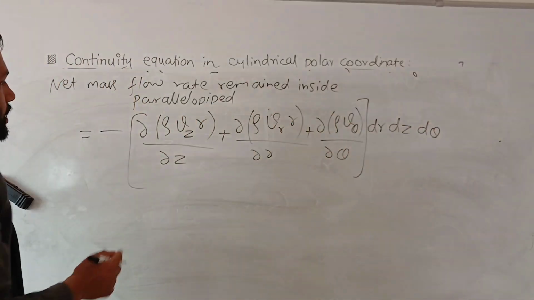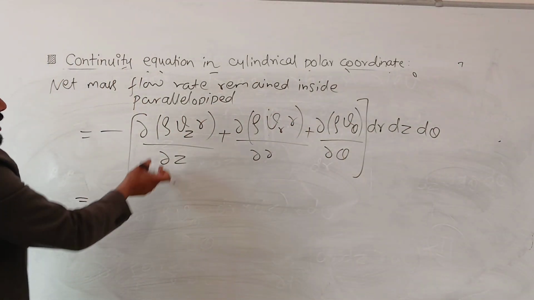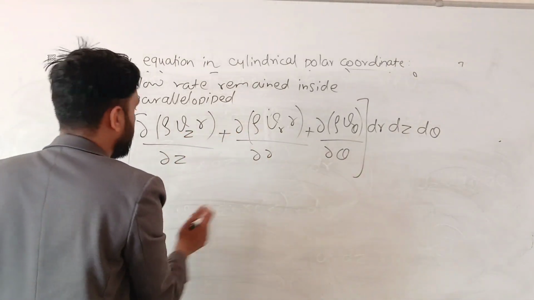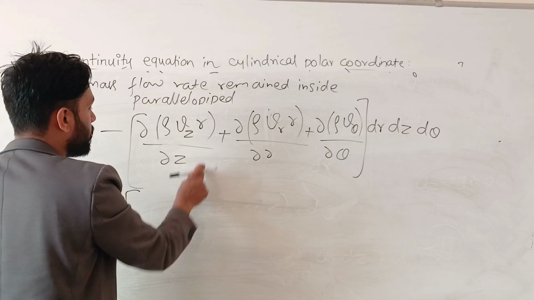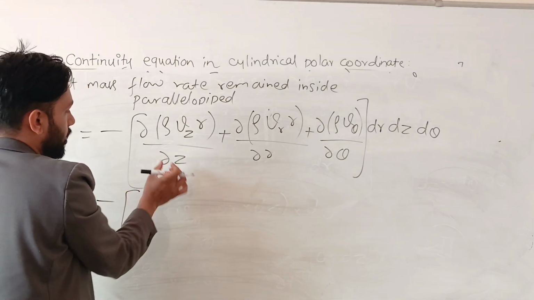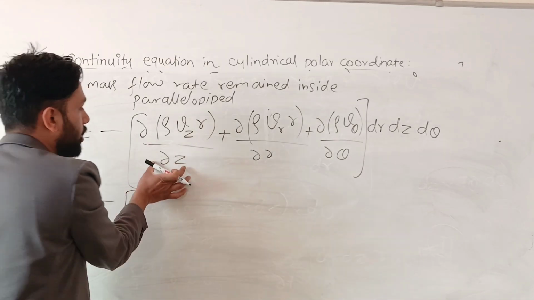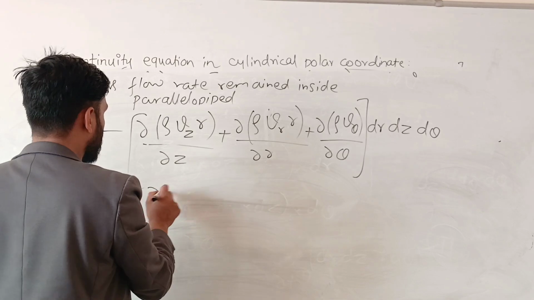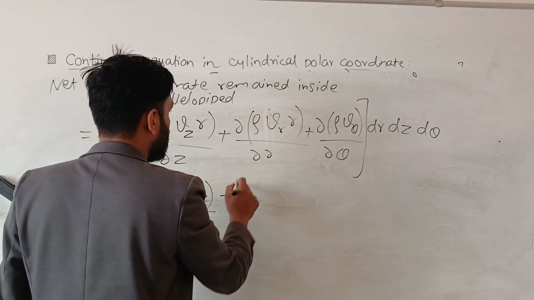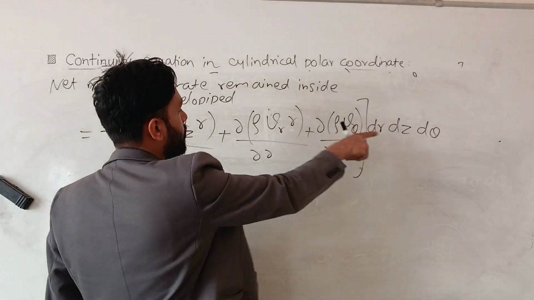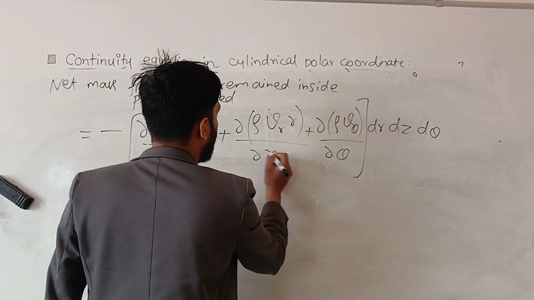We have taken dr dz d theta and minus common here, and let's again take r common. Can we take r common from here? Yes, because this is differentiation in terms of z, so you can separate r from here. So del rho Vz by del z plus del, but you cannot take this r outside because this is in terms of del r.